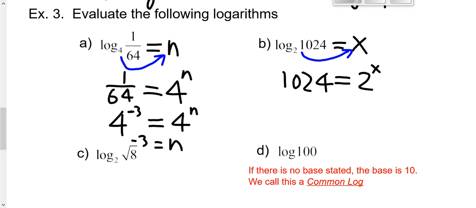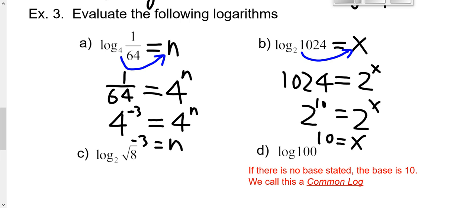In this case, you might want to try to figure out, you should have the same base. Obviously, that's not the case. So 2 to the power of what gives you 1024? Hopefully you figure that out, or you can just keep trying: 2 to the 6, 2 to the 7, 2 to the 8. Okay, 2 raised to the power of 10 gives you 1024, so 2 to the 10 equals 2 to the x. And then we just drop the base because the two bases are the same. That means the exponent must be the same. So that means x is equal to 10.